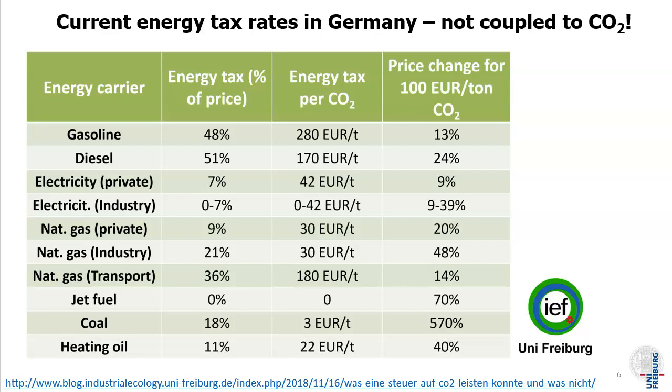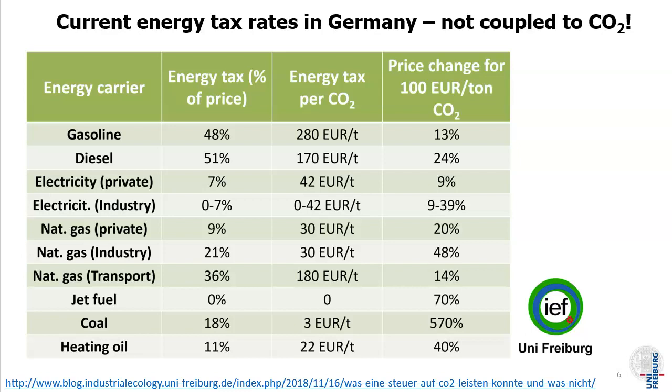And then we can also calculate how much the current energy tax rate corresponds to in terms of carbon price. We do this by dividing the two values from the last slide, the tax load per kilowatt hour divided by the carbon per kilowatt hour, and then we get, so to say, the virtual carbon price, or the energy tax per CO2 that's currently already paid.